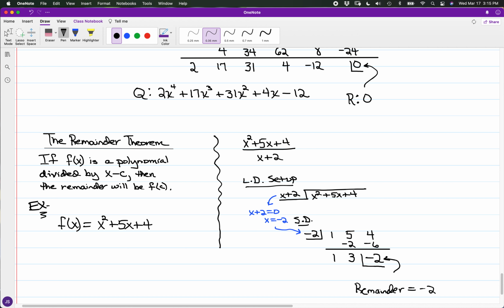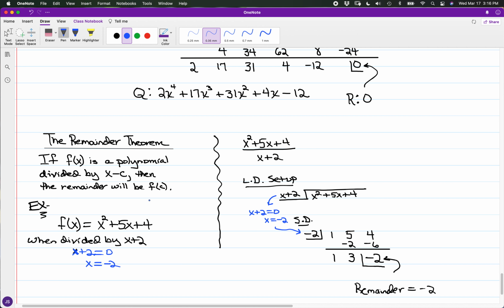In the case of division by x plus 2, I'm just going to stress again, x plus 2 is equal to 0, so you have that x is equal to negative 2.